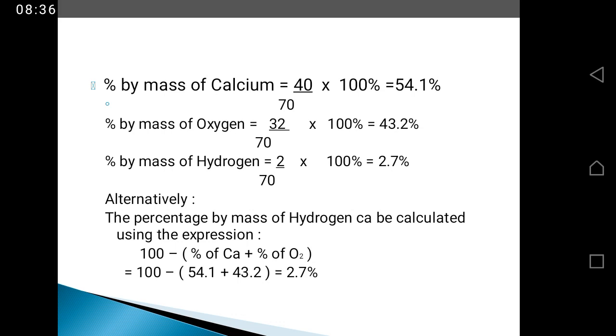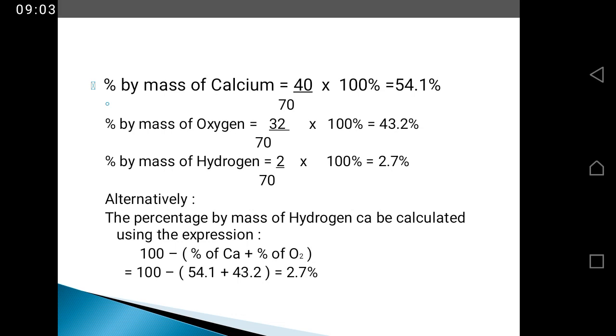Alternatively, if you have gotten your percentage by mass of calcium and that of oxygen, you can easily get that of hydrogen using an alternative method. The total compound is regarded as having a percentage of 100%. So it's 100% minus the percentage of calcium plus the percentage of oxygen.